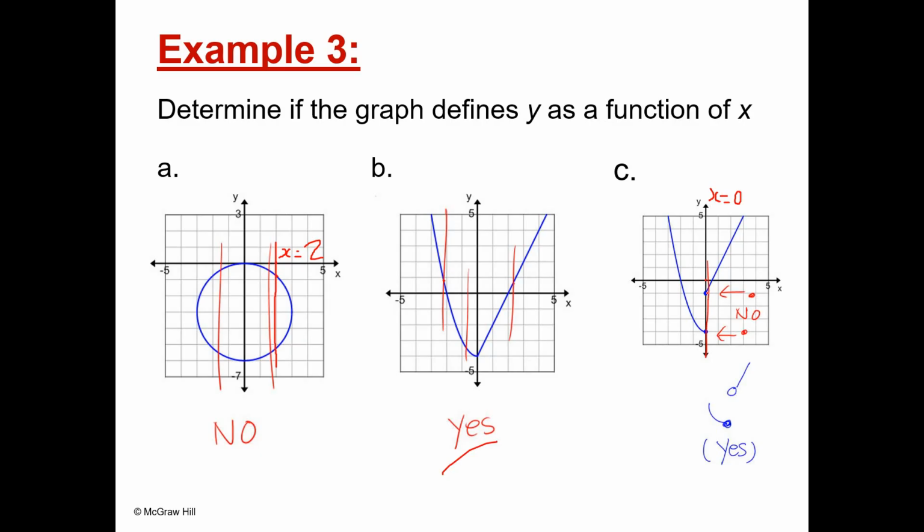This vertical line will pass through the graph at this point and at this point. So for a single value of x, we have two values of y.